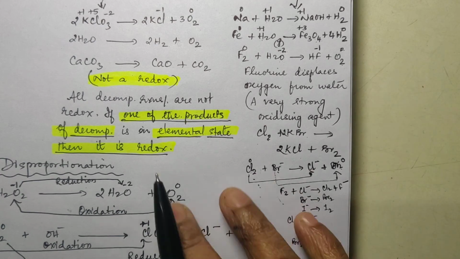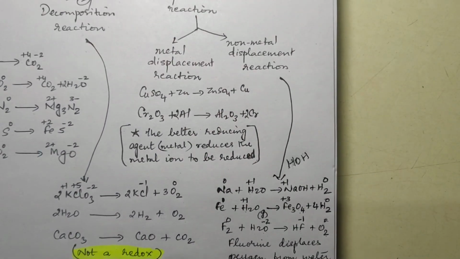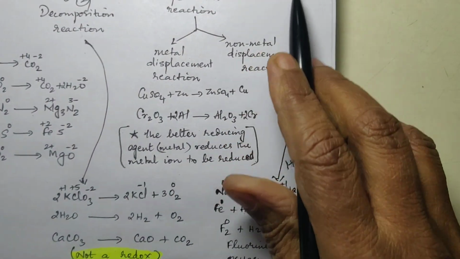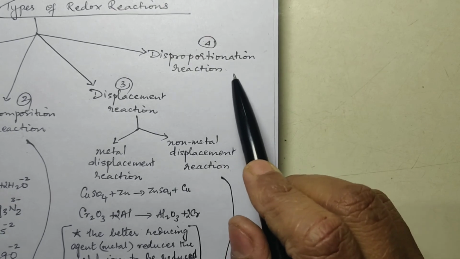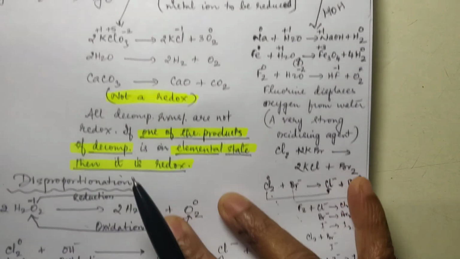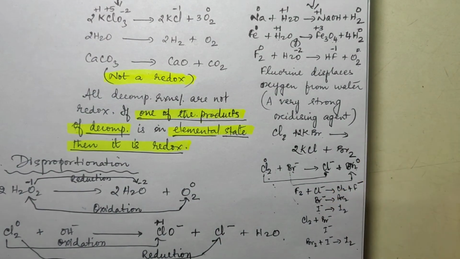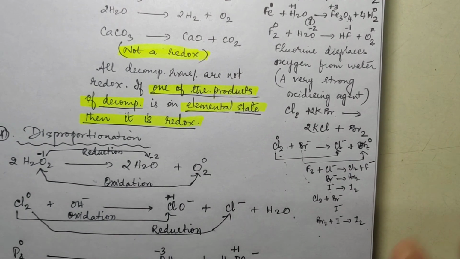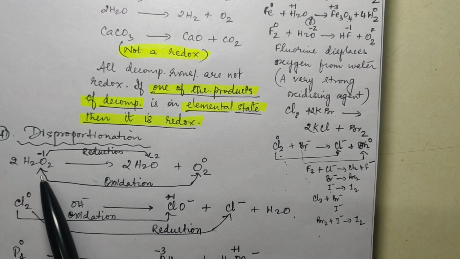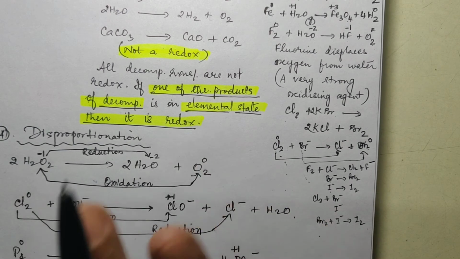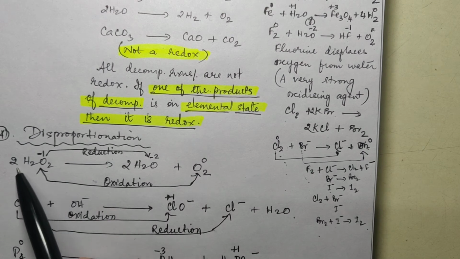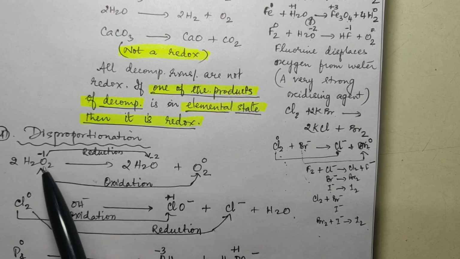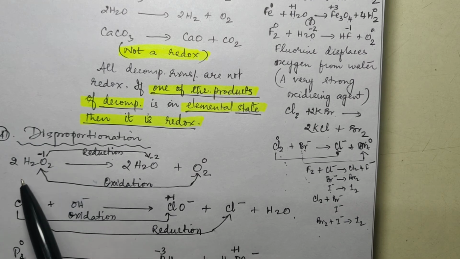Now, the fourth category is disproportionation reaction. I told you already what disproportionation is. Disproportionation means one particular species in which a particular atom gets oxidized as well as reduced. So here it is H2O2. What is this? Hydrogen peroxide.